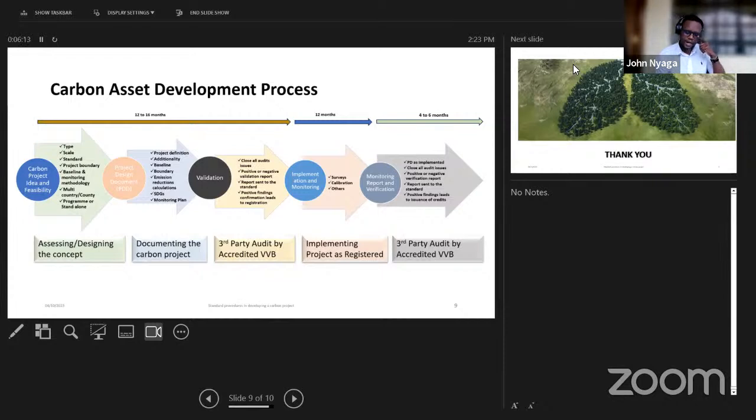All carbon projects usually have what we call business as usual, or the baseline. The baseline is what was there at year 0, before you start the implementation of activities. Then you implement the activities, then you'll be monitoring these activities to see how much greenhouse gas removal or avoidance they are doing.